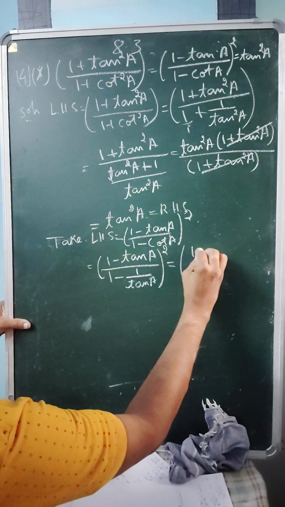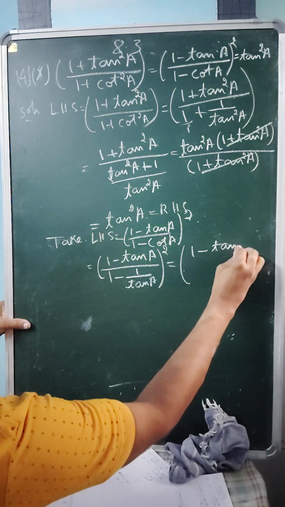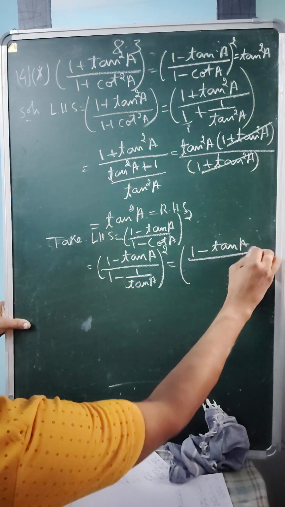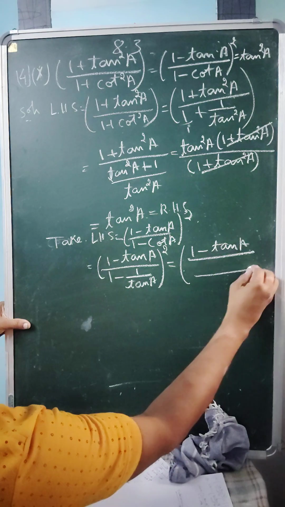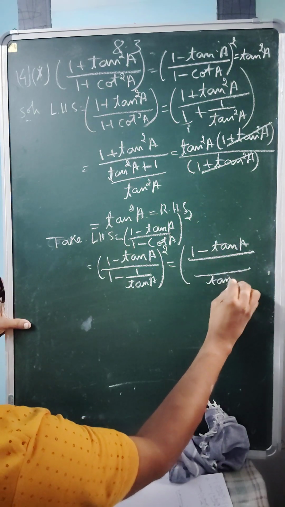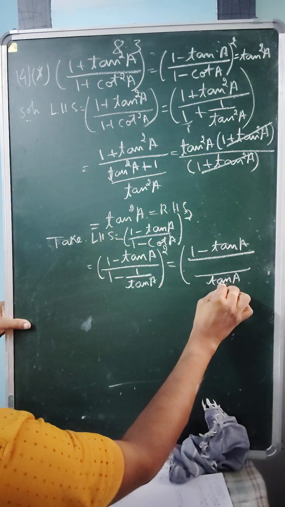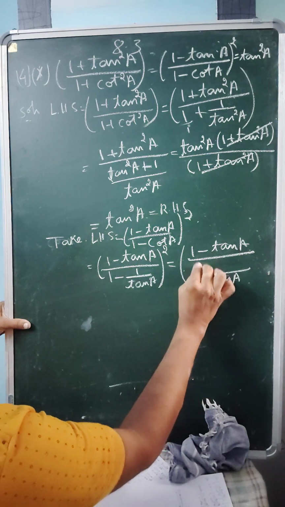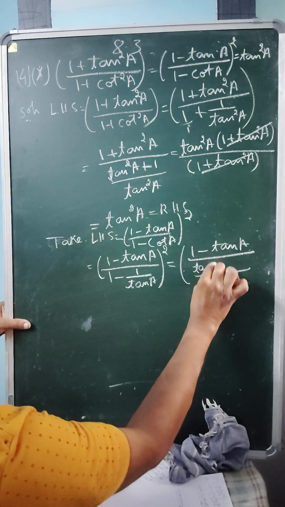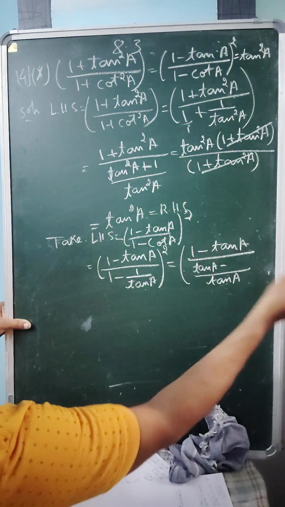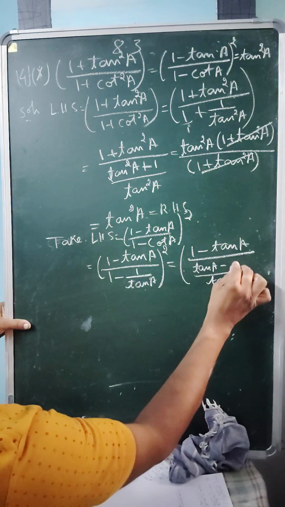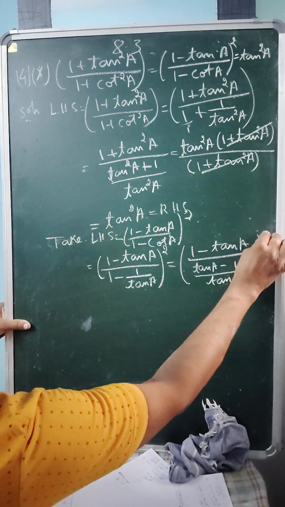Once again, (1 minus tan A) whole divided by tan A. Take tan A as the LCM. Therefore, 1 into tan A is tan A, minus 1 into 1, whole square.